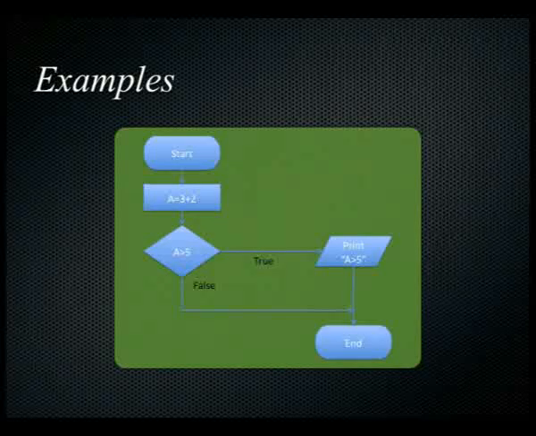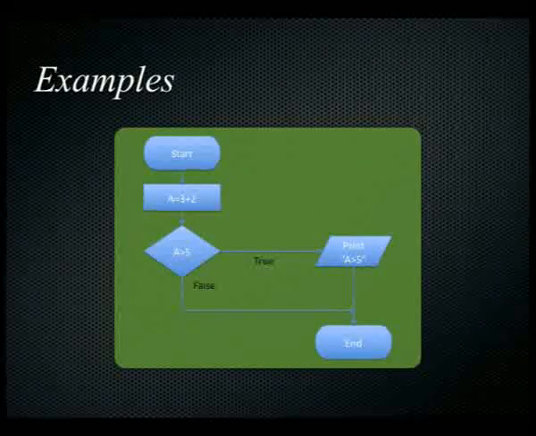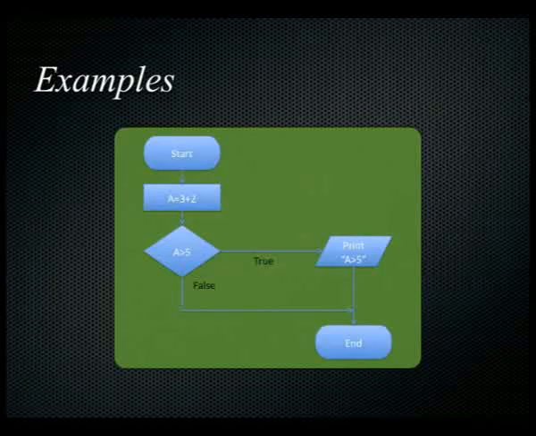You can see that a is equal to 5, so that condition is false, so nothing will appear on the screen. The true part of our code will never actually run. It will never print a is greater than 5 to the screen. So that's how we can do our if-then selection or conditional flowchart.